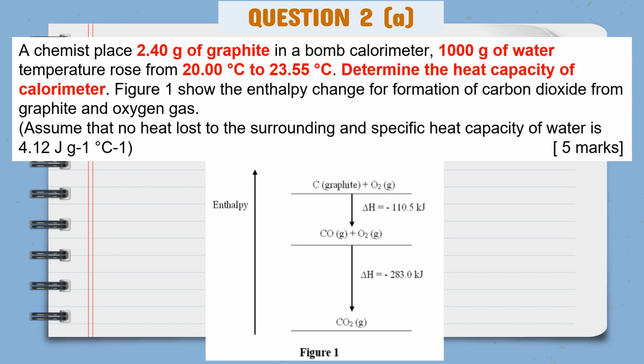Given here is figure number 1, which shows the enthalpy change for the formation of carbon dioxide from the graphite and oxygen. They ask us to assume that no heat is lost to the surroundings and the specific heat capacity of water is 4.12 joule per gram per degree Celsius.